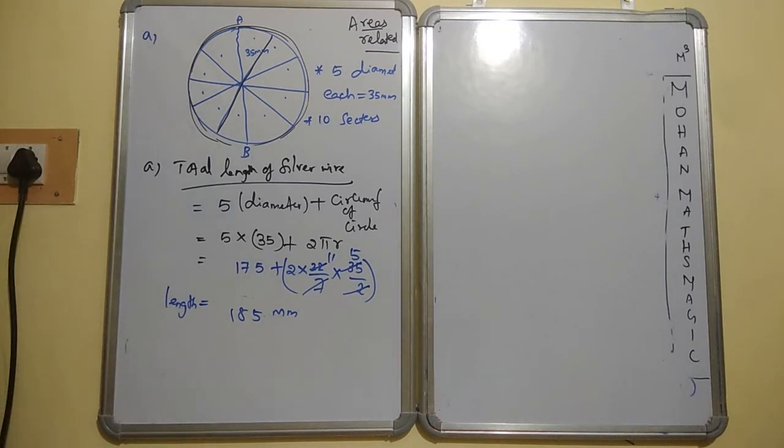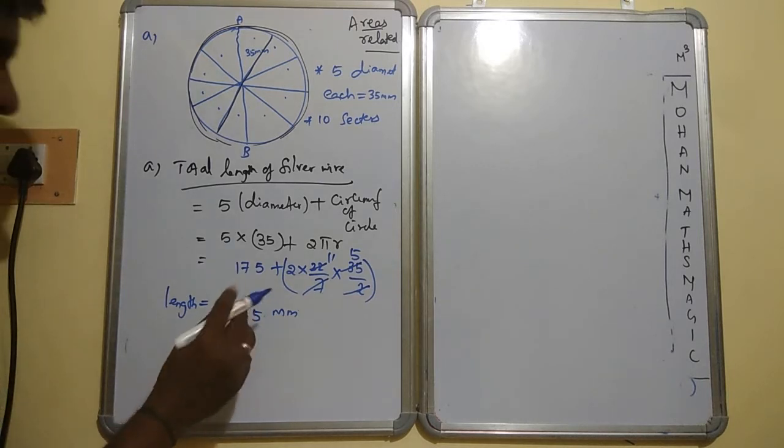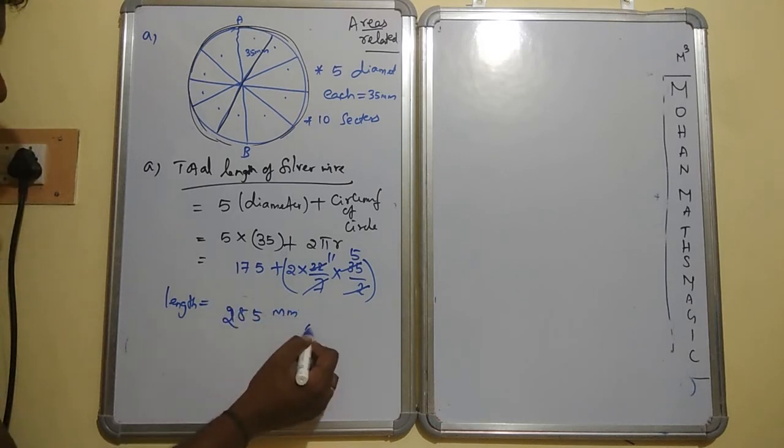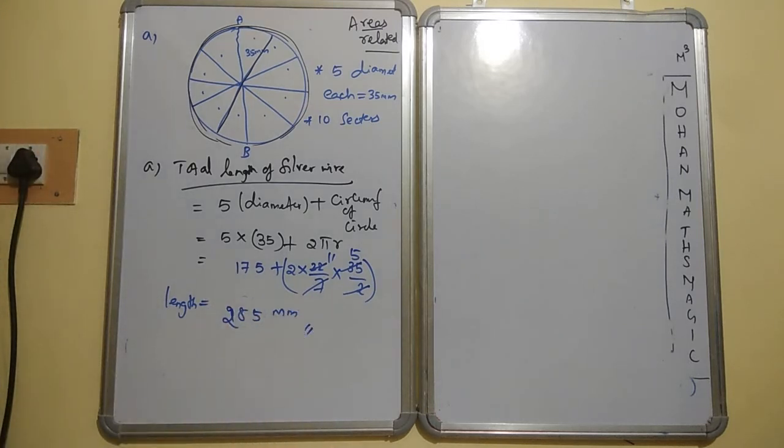Is it 285 or 185? Is it 285? I think so. Check 185 or 285: 22, 110 and 285. Yes, correct. So it is 285.